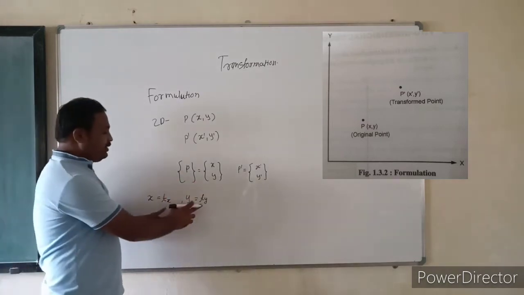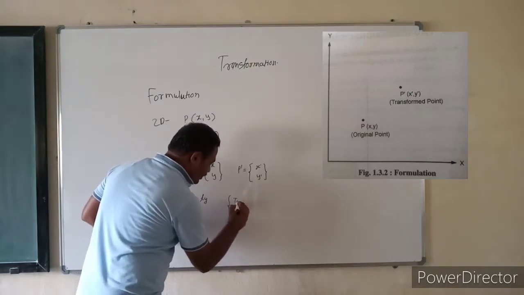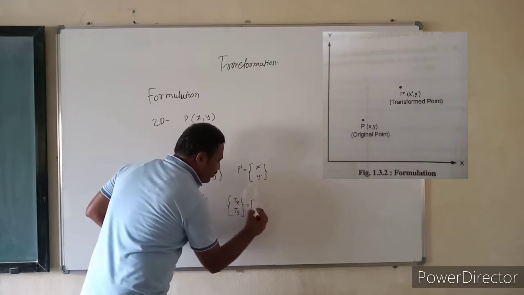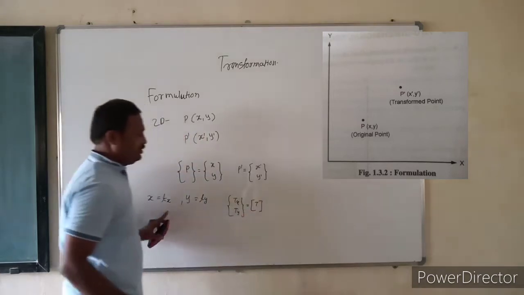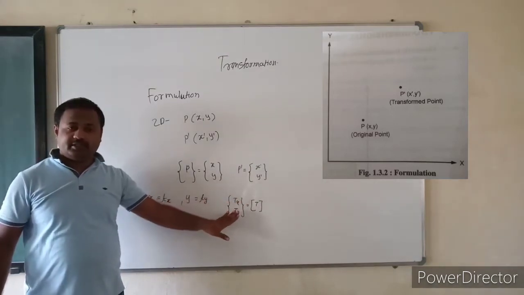Then Tx in the x direction and Ty in the y direction form what is called a transformation matrix.